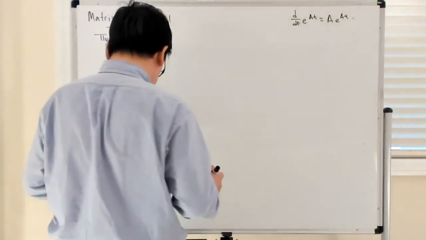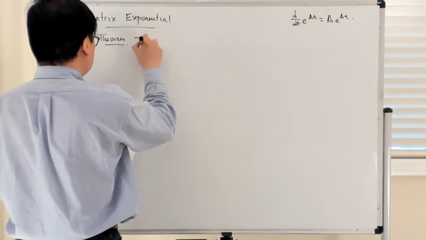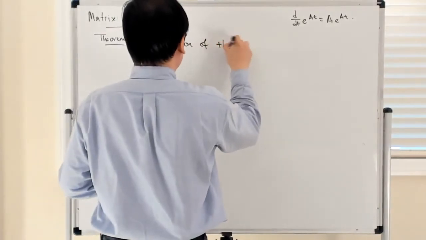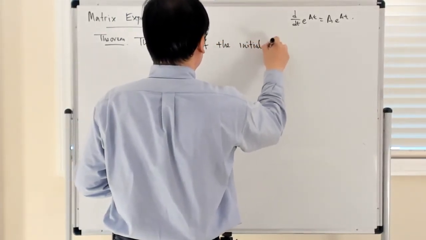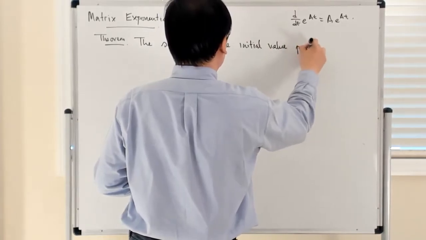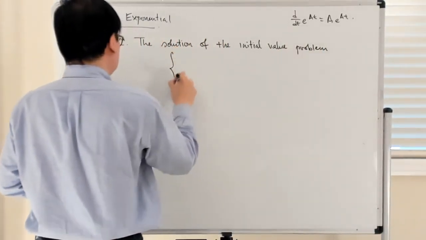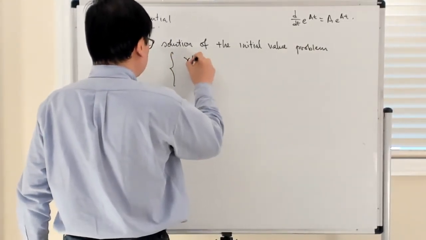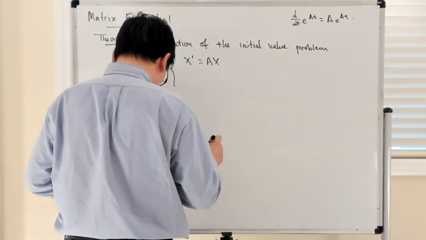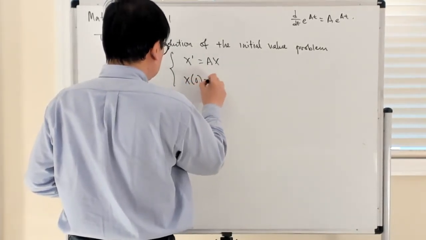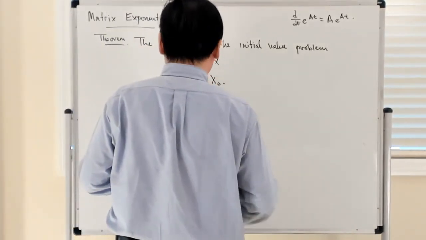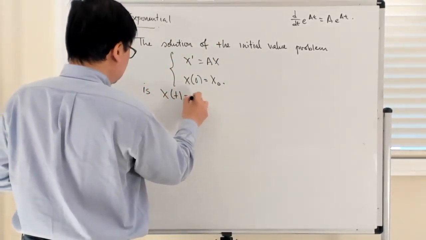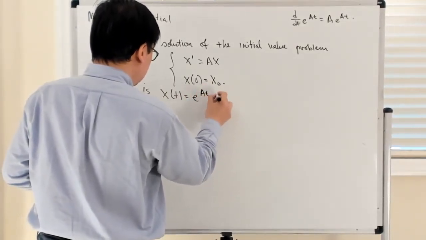So the theorem is that the solution of the initial value problem x prime is equal to a x, with x of 0 equal to x sub 0, is just x of t equals e to the at x0.